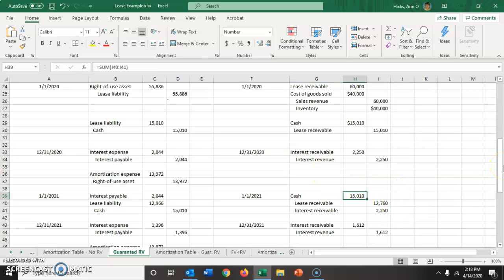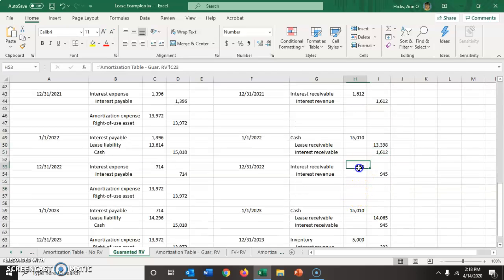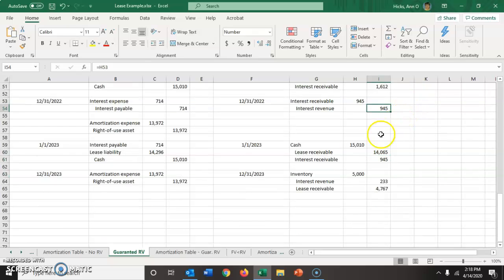The asset is on the books of the lessee, Vaden. 12/31/2021, we'll record the next year's interest. January 1, we'll record the receipt of the payment. 12/31/22, the last year's interest will be recorded, and then on January 1, the last payment will be recorded.